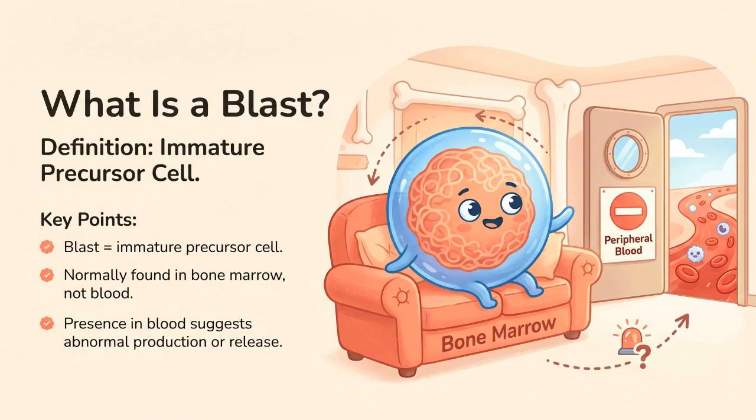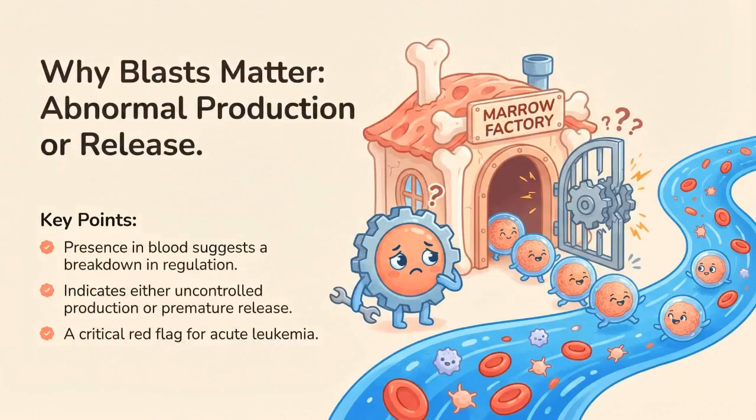Therefore, understanding their characteristic morphology and the implications of their presence outside the bone marrow is a cornerstone of diagnosing these aggressive hematological malignancies. This knowledge forms the basis for distinguishing between benign and life-threatening conditions, making blast identification a paramount skill for histotechnologists.